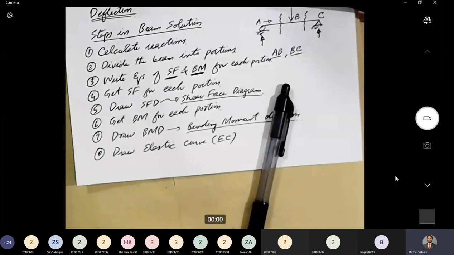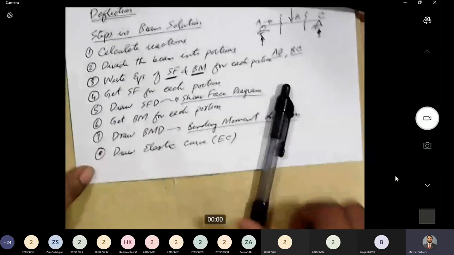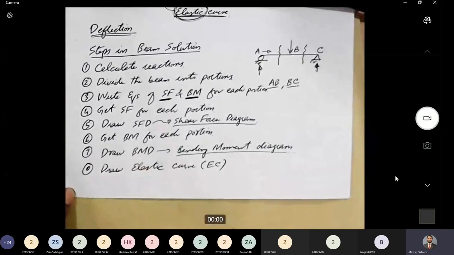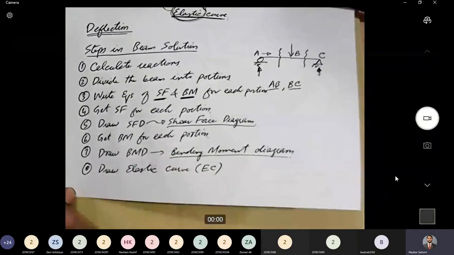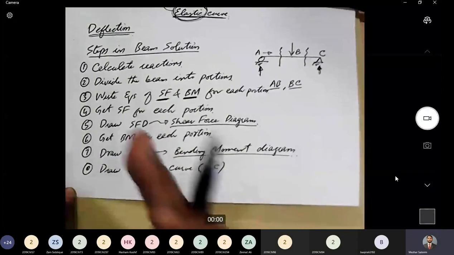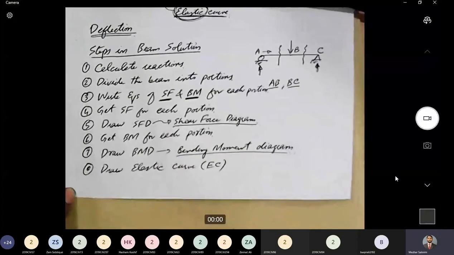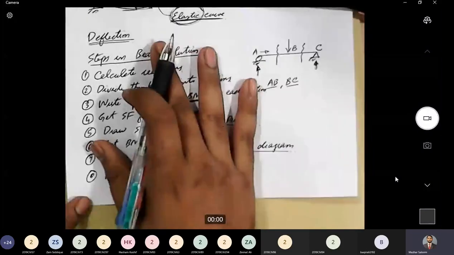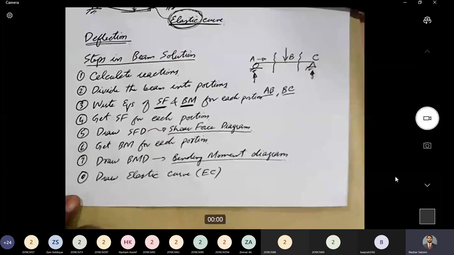So these are the steps that we will be following while solving any beam problem, in our case while drawing shear force diagram and bending moment diagram. Now let me clearly state the convention that we will be following.